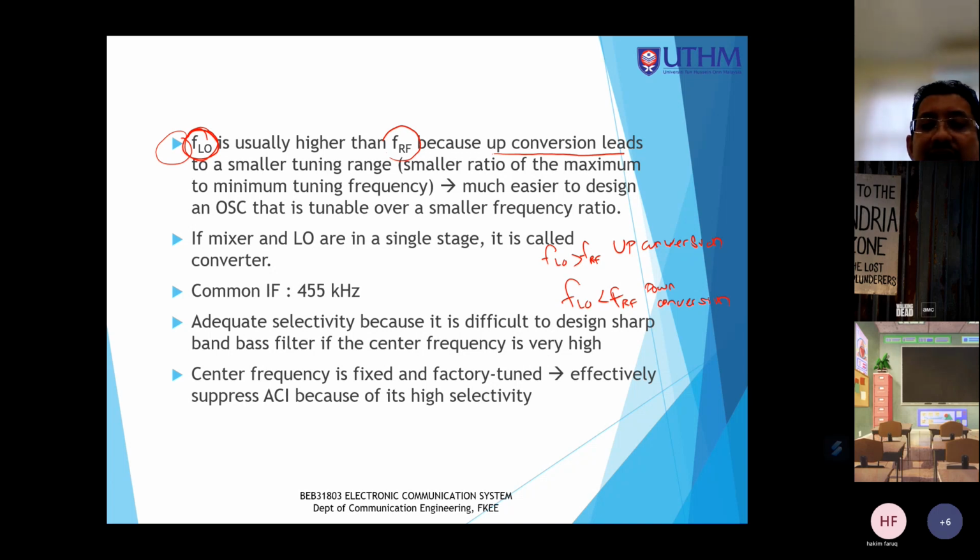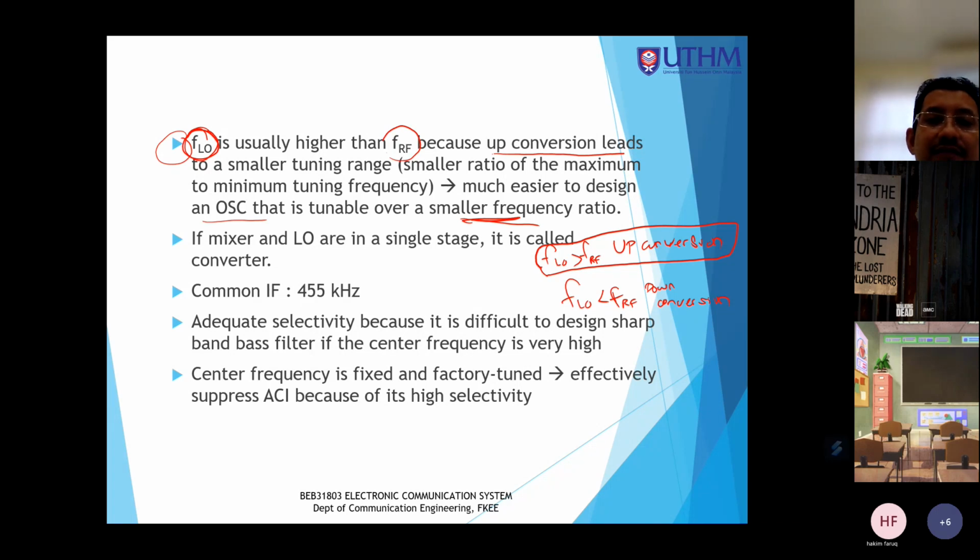So biasanya FLO, kebiasaannya most of the time kita biasanya memilih up conversion. Kenapa up conversion? So that easy for us to design the oscillator that able to tune a smaller range of frequency ratio. So adalah lebih praktikal sekiranya FLO lebih besar daripada FRF.